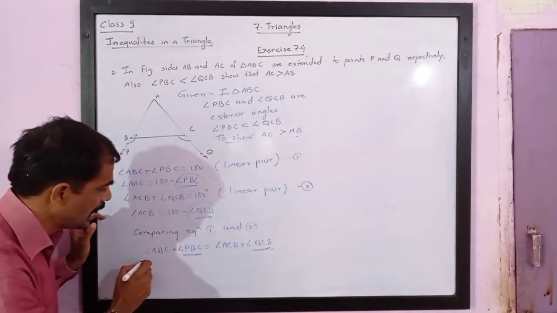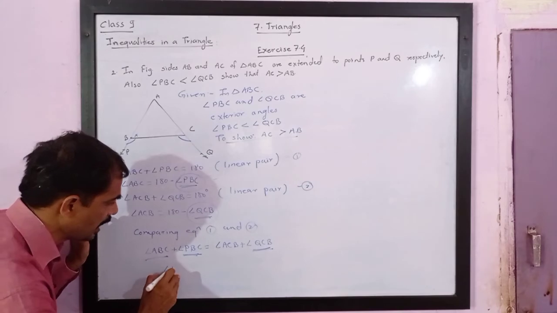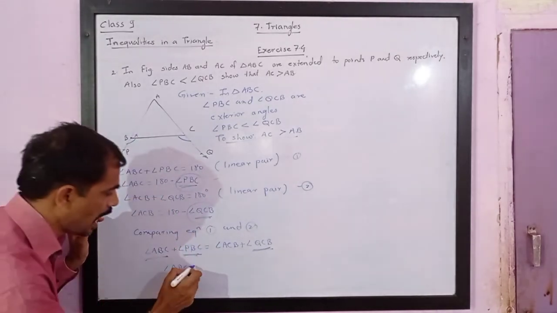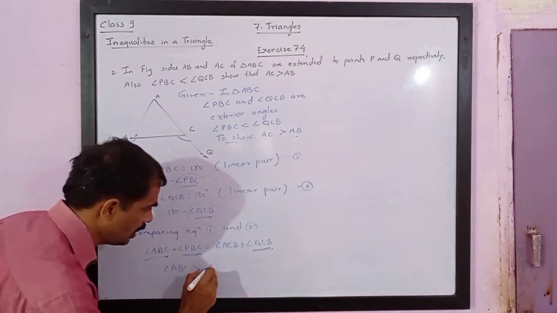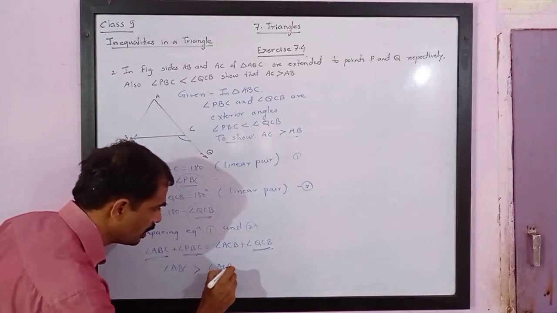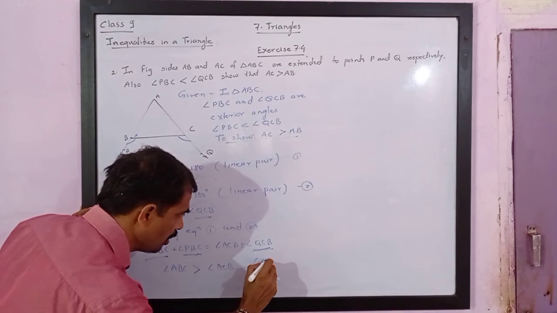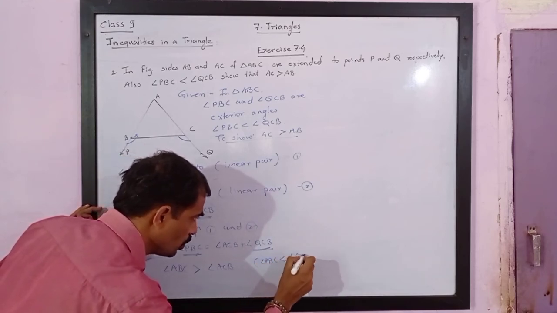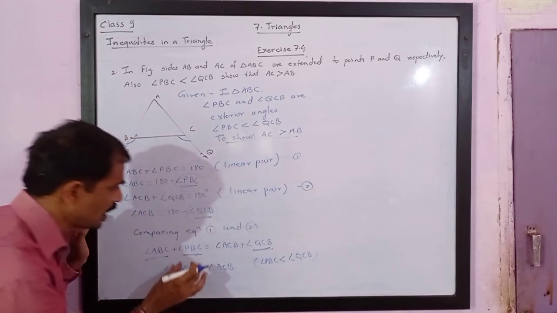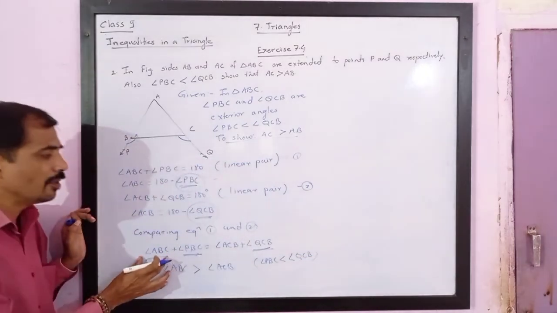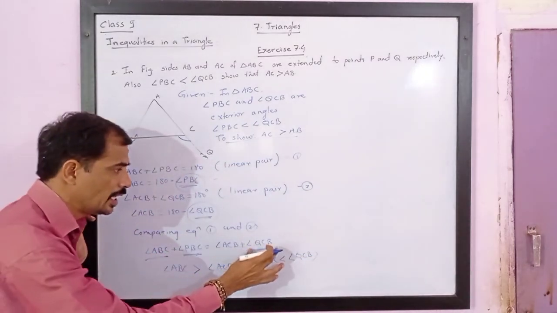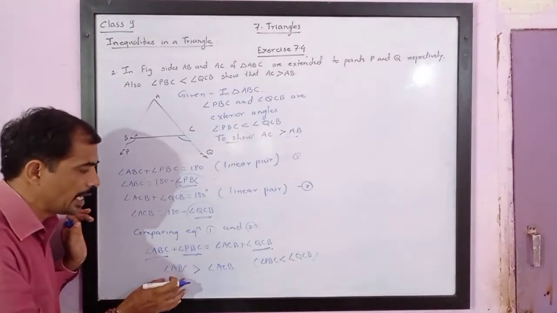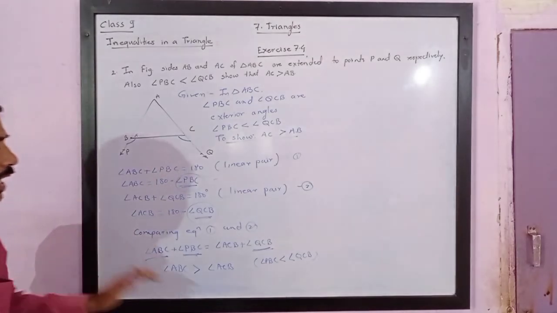It means angle ABC is larger than angle ACB. The reason is angle PBC is smaller than angle QCB. Since this angle is small, this angle must be big. Here this angle is large, it means this angle must be small.